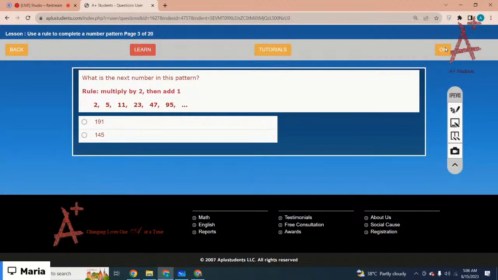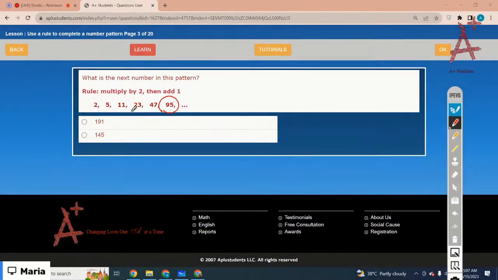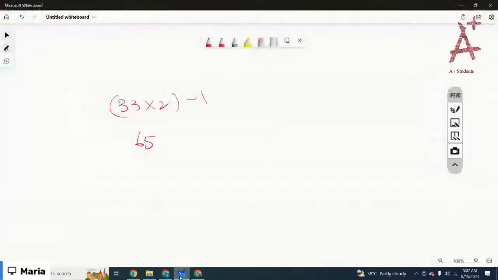What is the next number in the pattern? Multiply by 2 and then add 1. So just look at the last number in the pattern. The last number in the pattern is 95, right? Multiply 95 by 2 and add 1. So 95 times 2 is 190 and plus 1.